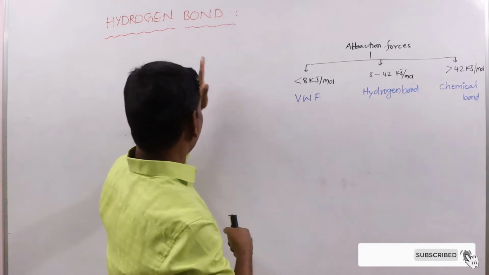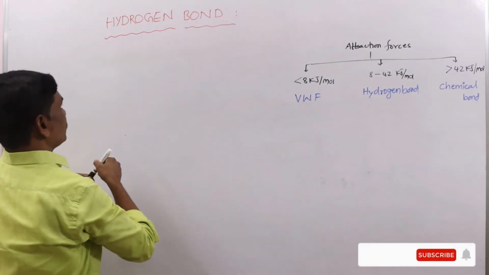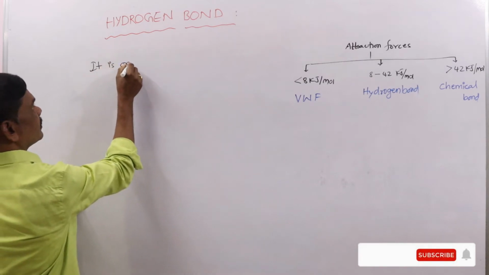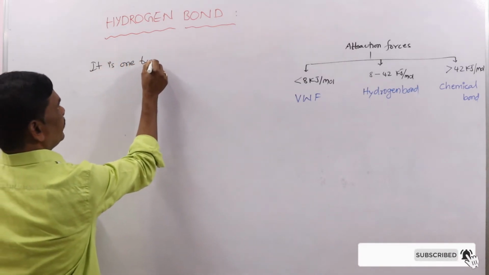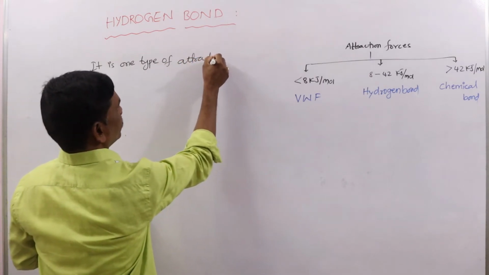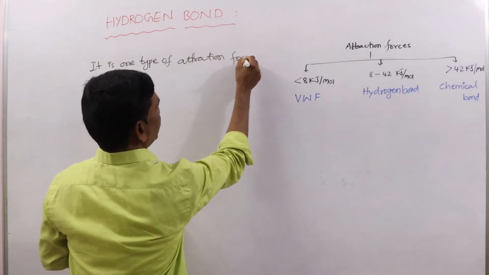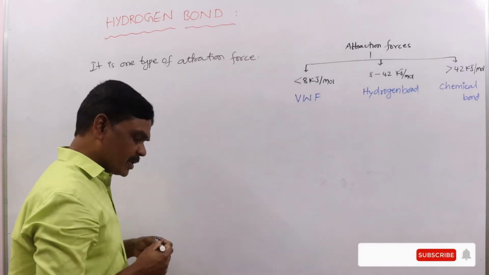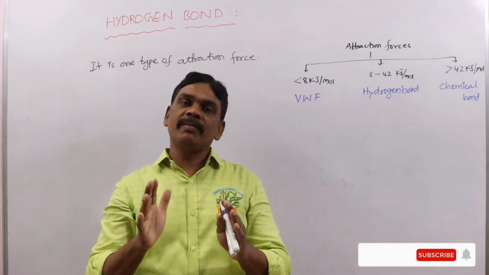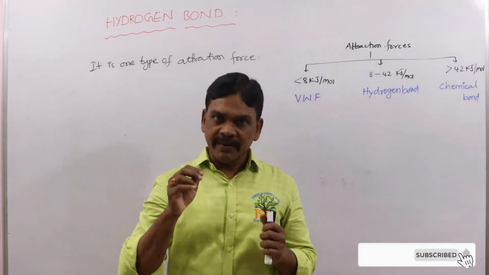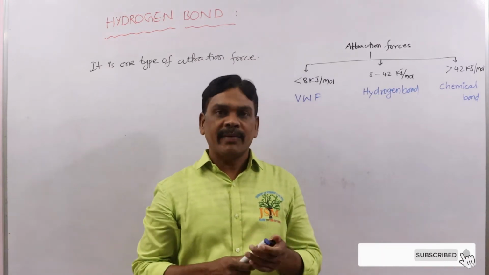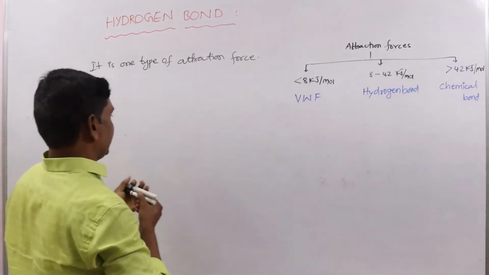Okay, so now hydrogen bond. What is hydrogen bond? It is one type of attraction force. Hydrogen bond is formed between two molecules in which hydrogen is bonded with highly electronegative atoms.